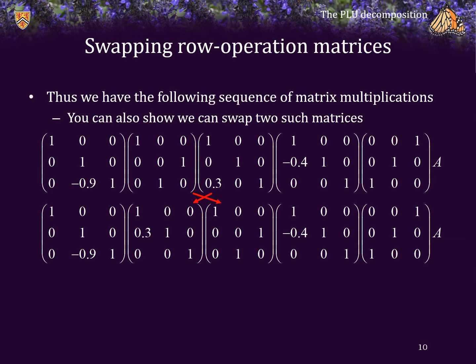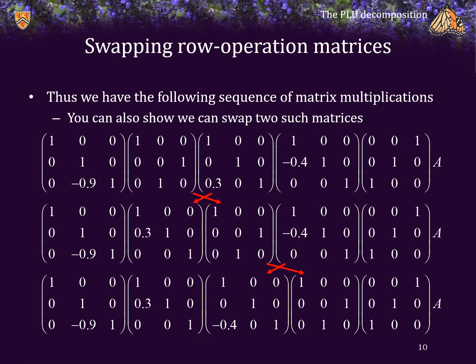Similarly, we can swap the third and the fourth matrices now. Again, we had to swap rows 2 and 3, again on the off-diagonal entries. So this sequence of 5 row operations would have given us exactly the same result had we done them in that order as opposed to the order we found.